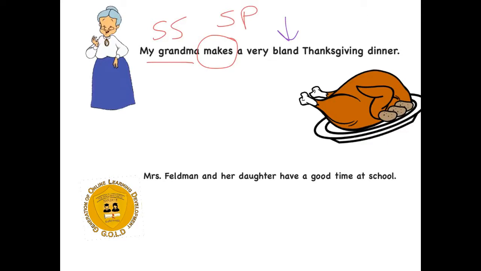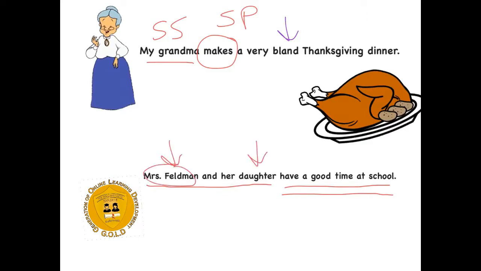Okay, let's go down to the one on the bottom. Mrs. Feldman and her daughter have a good time at school. Okay, so we have the subject is what? Mrs. Feldman and her daughter is the whole subject, and have a good time at school is the whole predicate. So what would the simple subject be? Who's the sentence about? Mrs. Feldman, daughter, right?